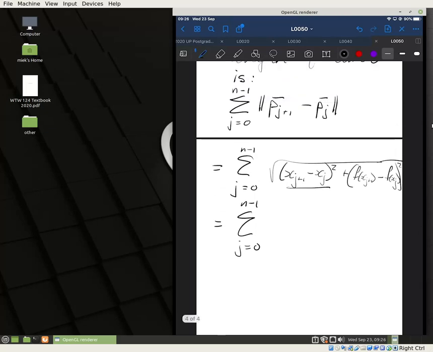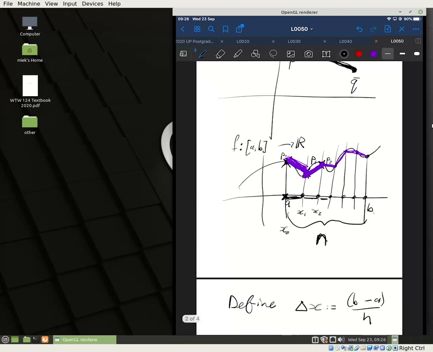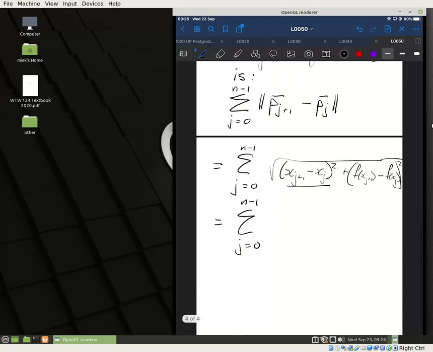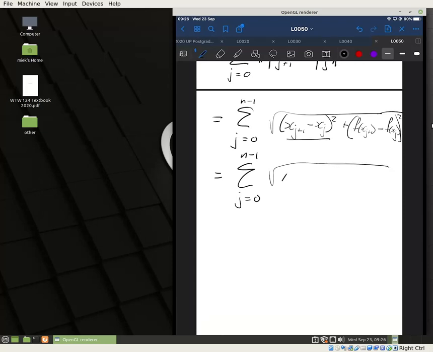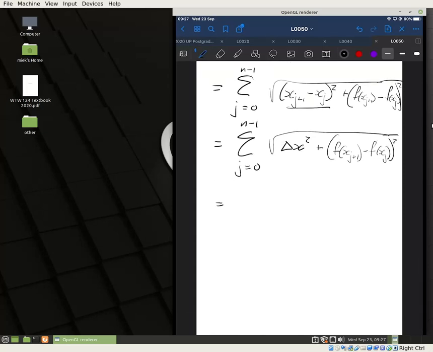This is the difference between the x coordinates of these points. It is this distance, and we define that to be delta x. So this is actually the square root of delta x squared plus (f(x_{j+1}) minus f(x_j)) all squared.